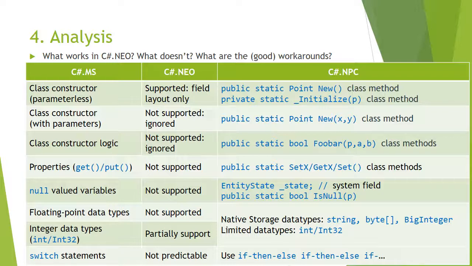The problem is that the C#.neo compiler, neon.exe, supports if-then-else, but it doesn't support the switch opcode. Similarly, neither does the Neo VM. So rather than take a chance, I recommend just not using that, and that's part of what we consider to be part of C#.npc.